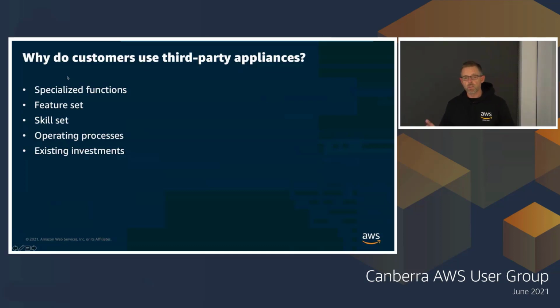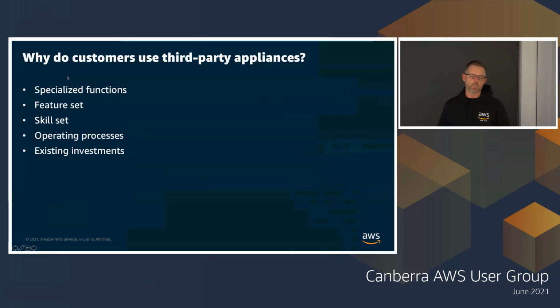It takes a lot to train up staff on how to run a network, how to manage appliances, and actually keep up to date on a vendor's product. And if a customer is migrating from on-prem into AWS, they've put in a big investment in building that skill set. So being able to bring that into AWS is extremely beneficial.